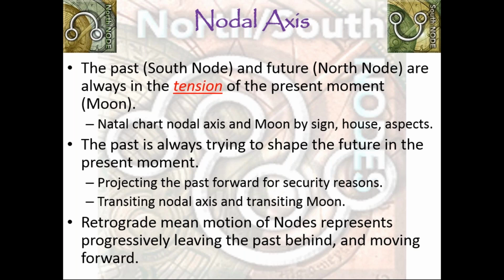This is true in the natal chart for a lifetime. It will be true for the transiting Moon and nodal axis at any moment of any day, and collectively for all of us when we're looking at the transits.